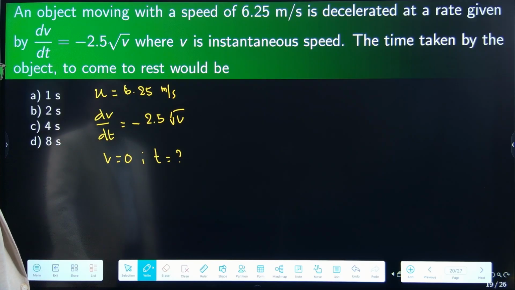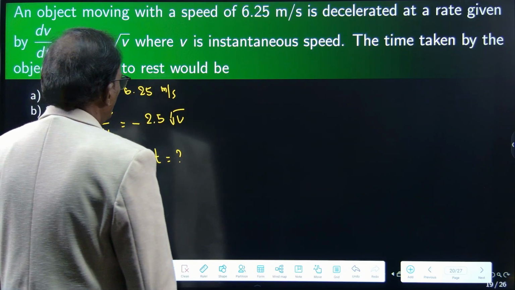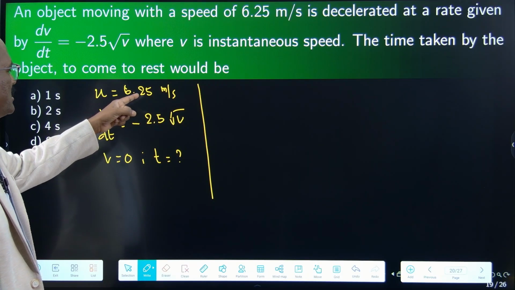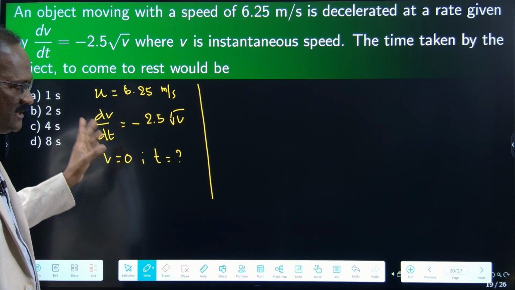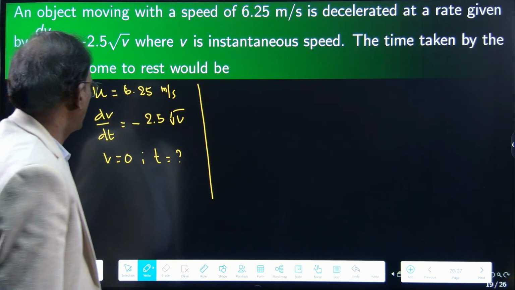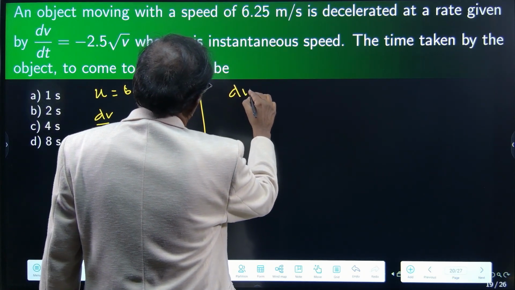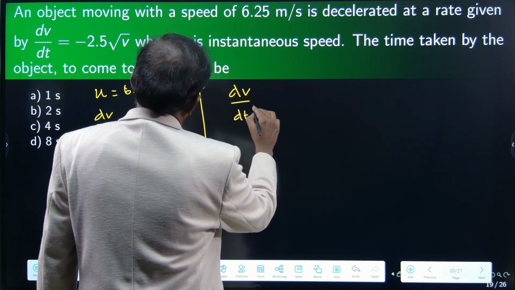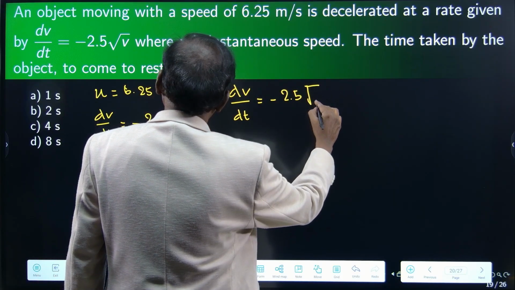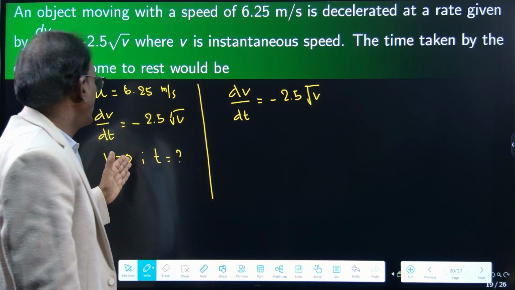dv by dt is equal to minus 2.5 root v. So initial speed is 6.25, final speed is 0, right? It is decelerated, so what is given? dv by dt is equal to minus 2.5 root v. V we have to find.